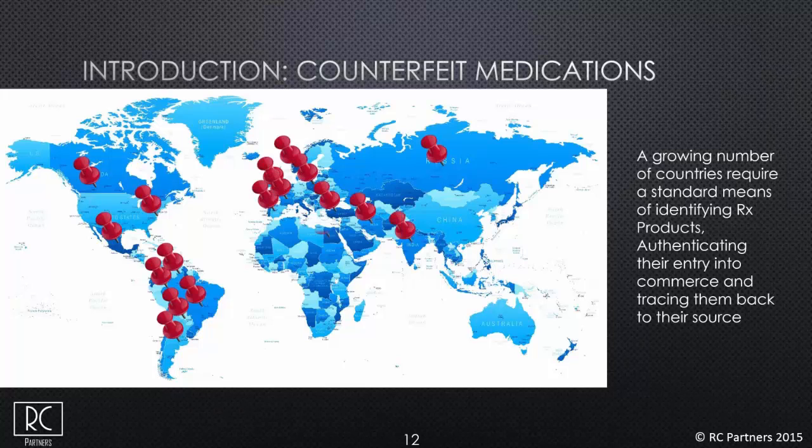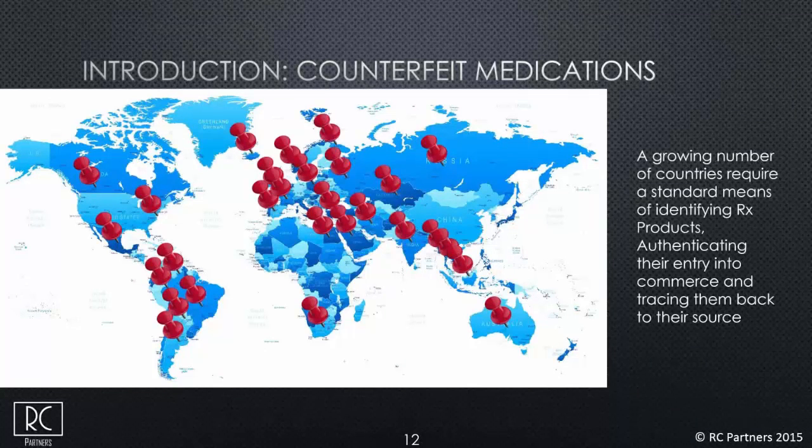There are different places in the world where the issue is greater, certainly, than the U.S. supply chain. But more and more countries are starting to require that items or medications are uniquely identified, that is, each bottle or packet is identified uniquely and tracked through their own supply chains.